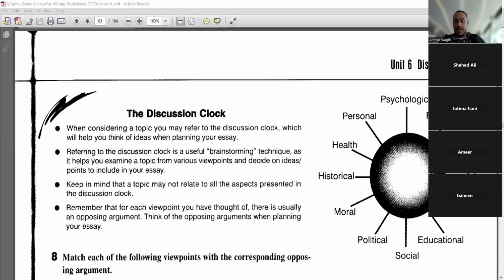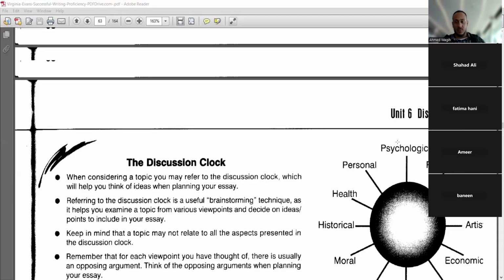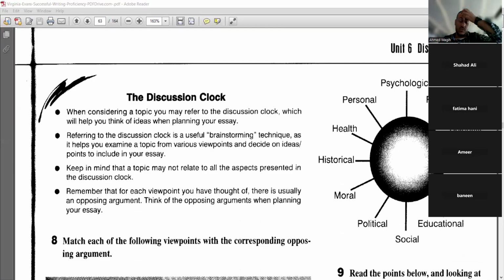Okay. And also the five lens technique that I told you about. Could you please write in the chat box which one you prefer?